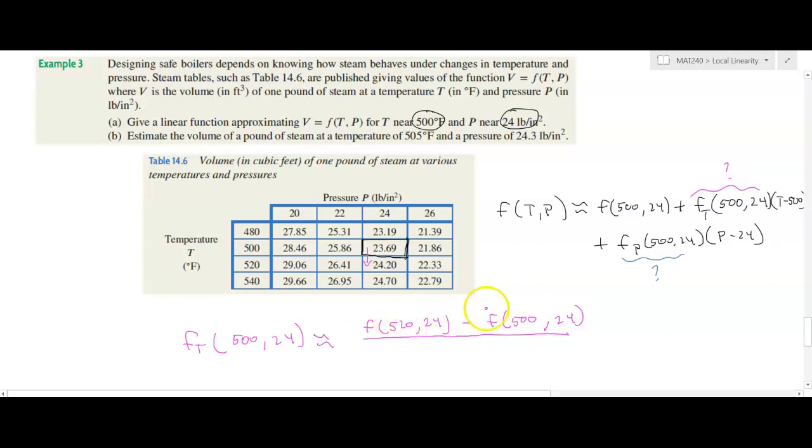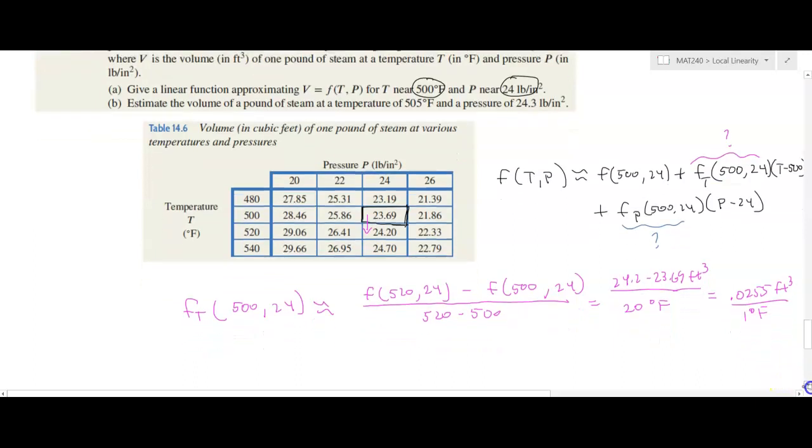In this case, the temperature went from 500 to 520, so 520 minus 500 gives us 20 degrees Fahrenheit of change, and we see that this is going to be 24.2 minus 23.69 cubic feet, which comes out to about 0.0255 cubic feet of volume per 1 degree Fahrenheit. So we did indeed see that as you increase the temperature holding pressure fixed, you get an increase in the volume.